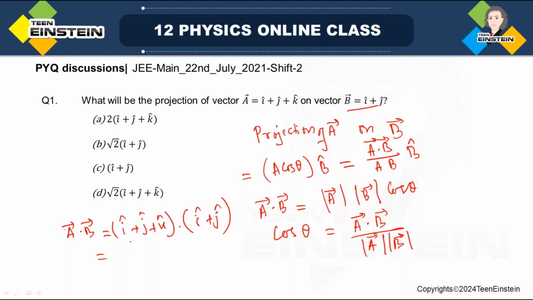Now I dot I will give you 1, J dot J will give you another 1. So you'll get this as 2, okay? So we get A dot B as 2. What about mod of A and mod of B? So mod of A will be square root of 3 and mod of B will be square root of 2, right?